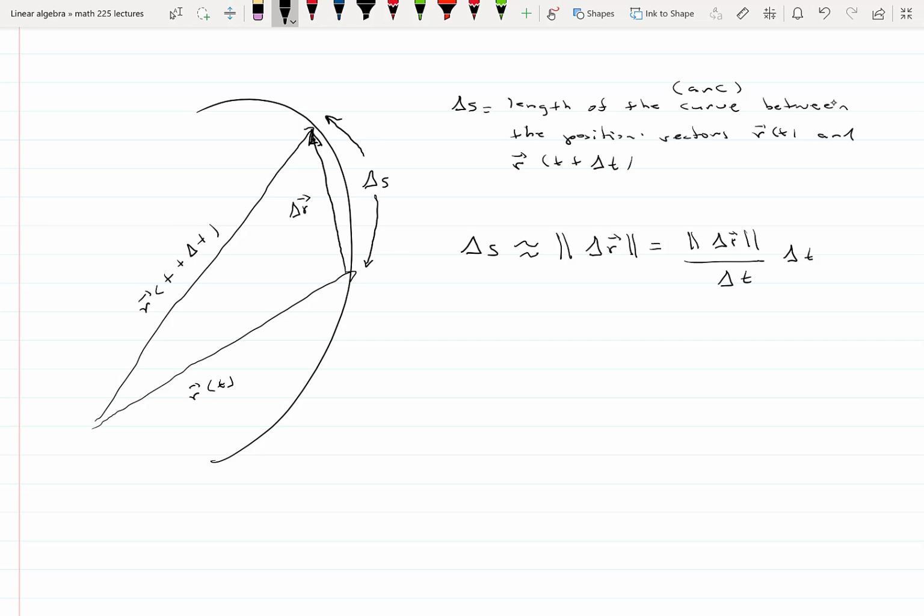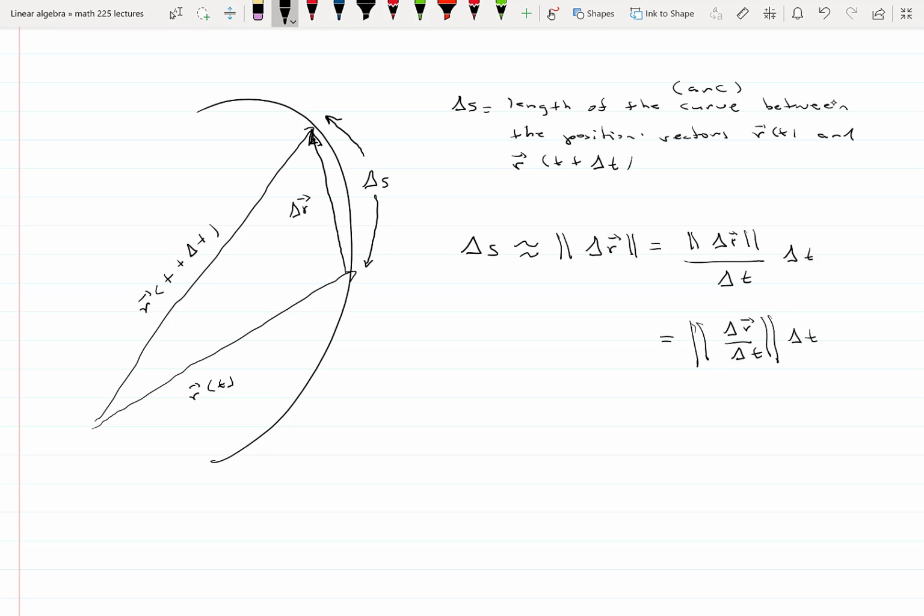I'm going to extend the length bar from delta r to include delta t. Delta t is just a scalar, so we can bring that into the length bars, if you will. As delta t approaches 0, this approximation becomes exact.